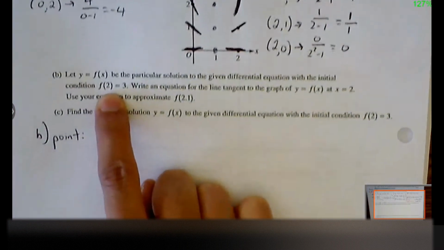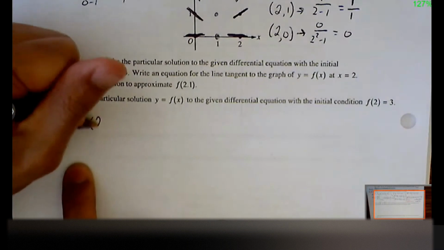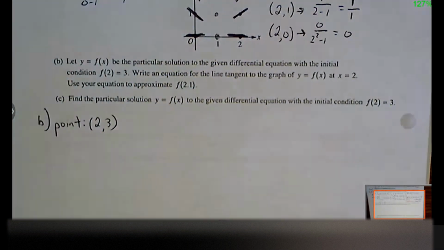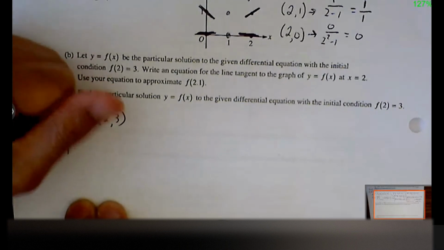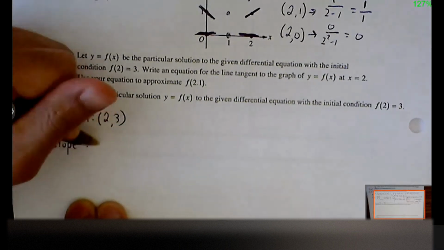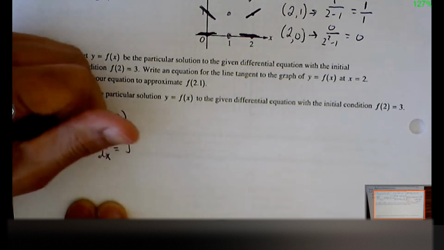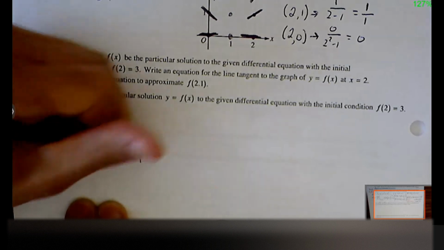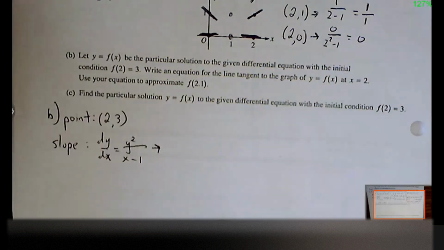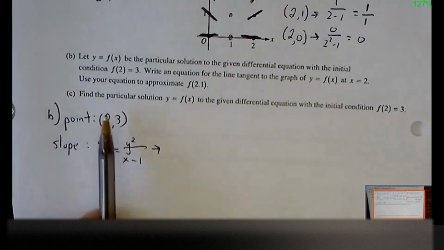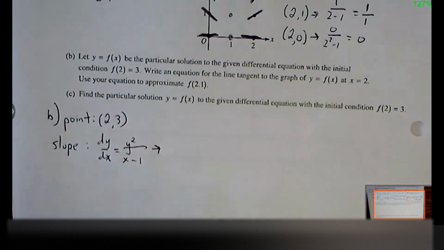Okay, so ordered pair 2, 3. We need a slope. Slope comes from the differential equation. Okay, so insert 2 in for x, 3 in for y.